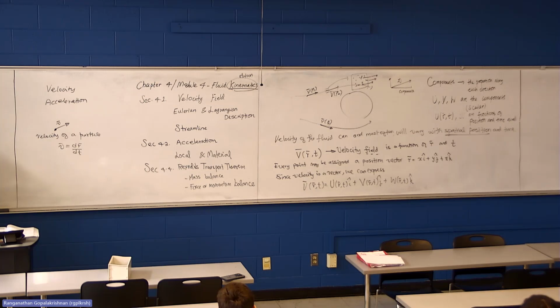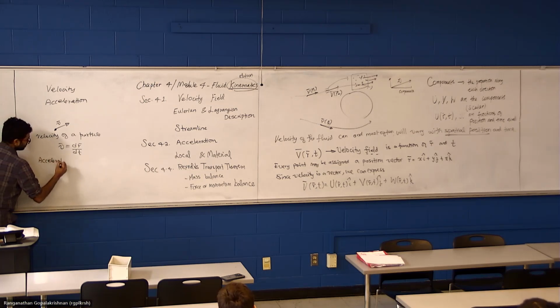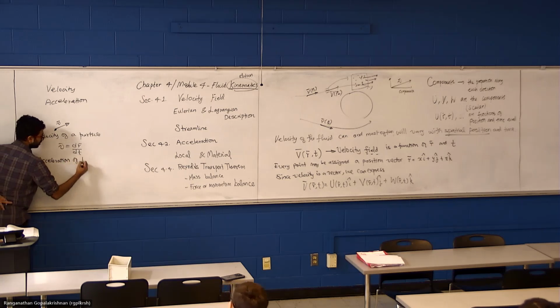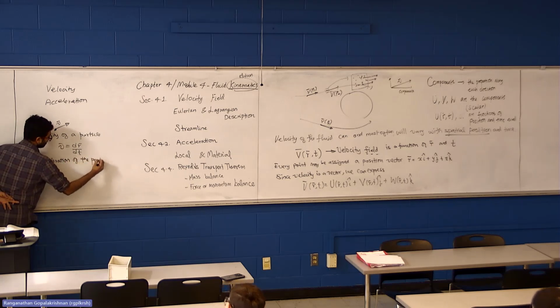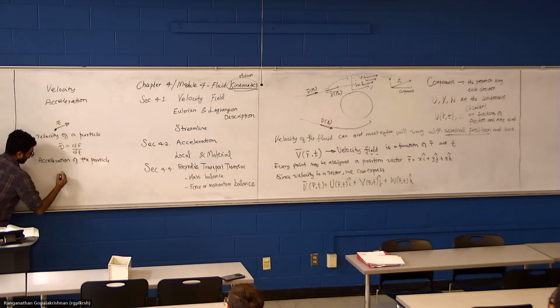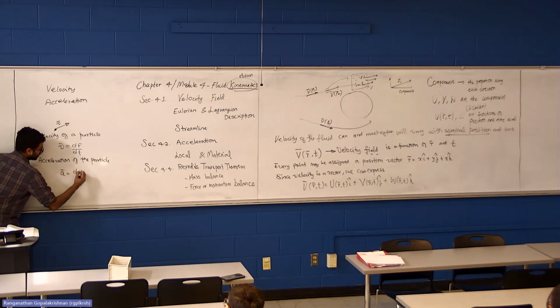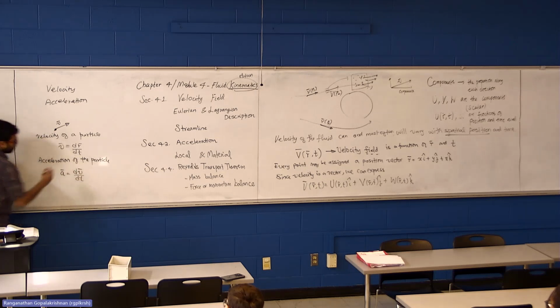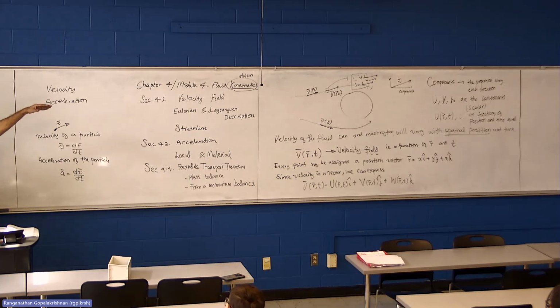You've seen this, right? And when we talk about acceleration of the same particle, a is the rate of change of velocity. It's like a baseball that's flying around. If you track its position over time, you can compute its velocity, you can compute its acceleration.